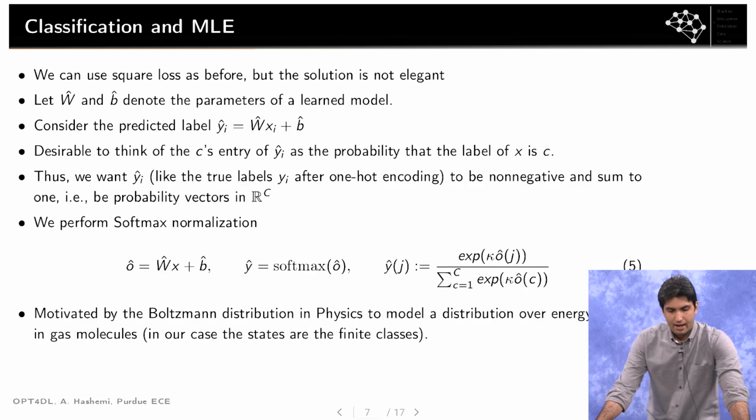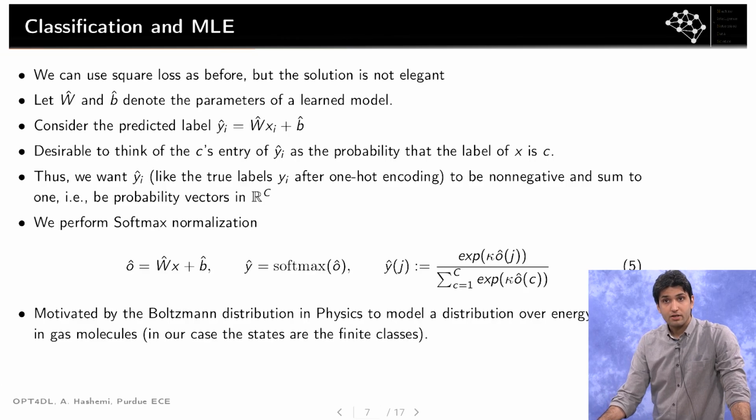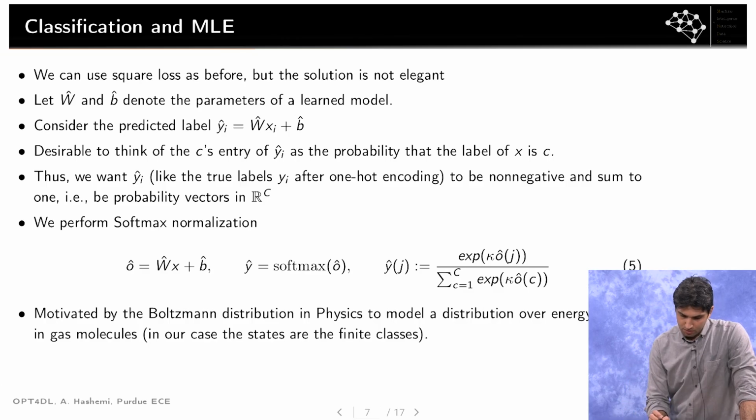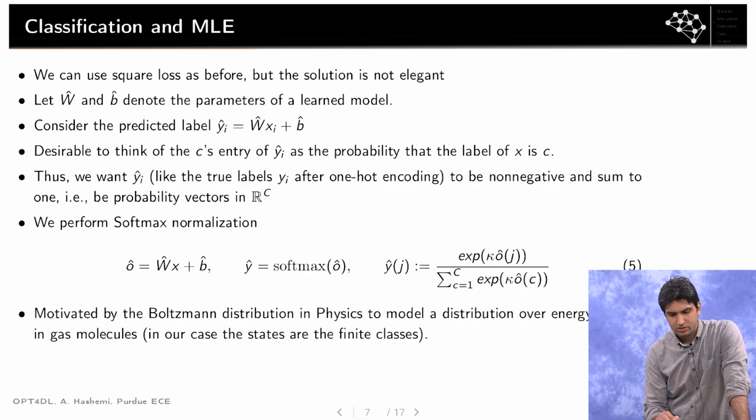The reason for that goes back to what I mentioned earlier, that we should think of the output as the probability that a specific image belongs to that class. It turns out that if we use a square loss, we're not necessarily going to have this nice structure. For instance, let's imagine that we use a square loss or something like that to learn the parameters of our model.